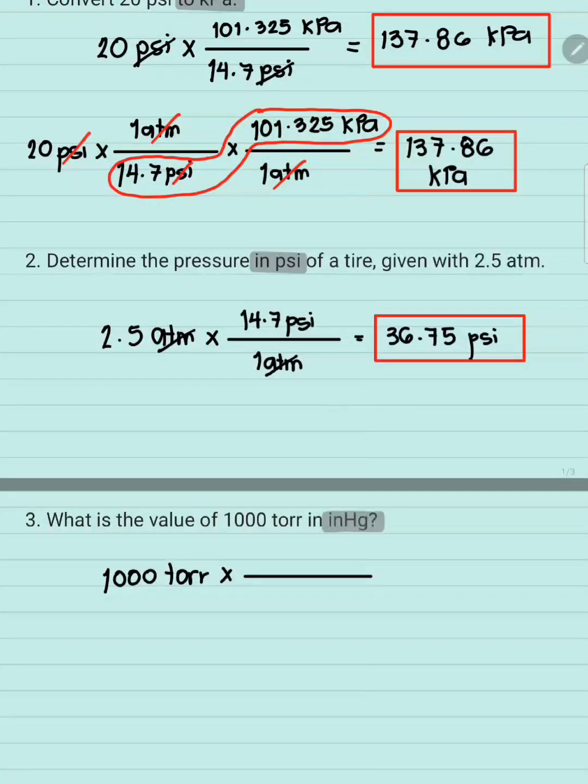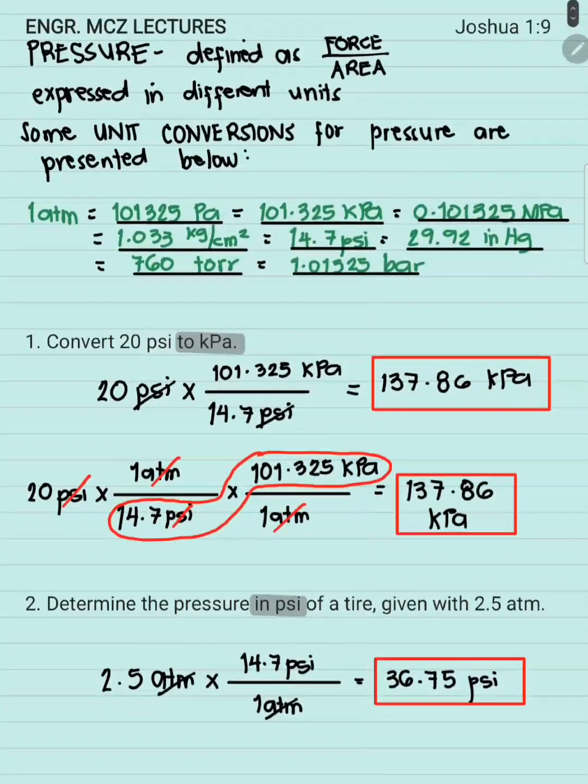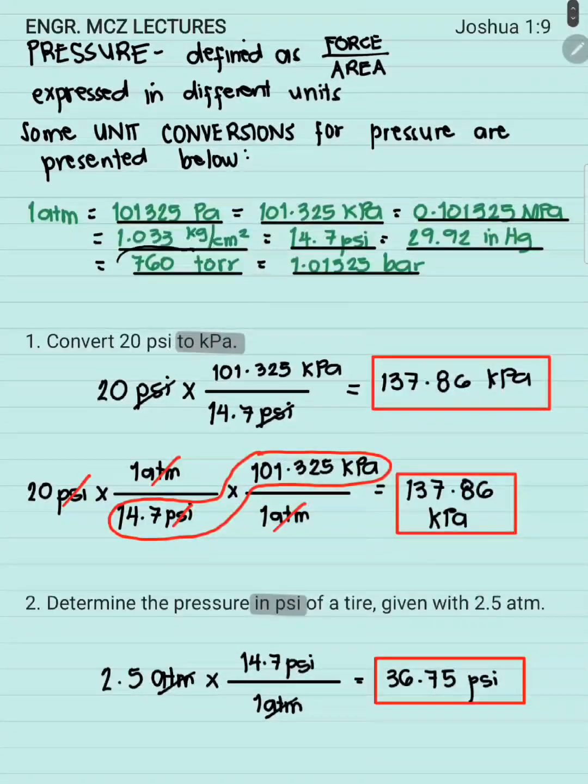We are asked to find inches of mercury, so let's find the units for torr and inches of mercury that we can utilize for the conversion. We have 760 torr, and we also have the units for inches of mercury.